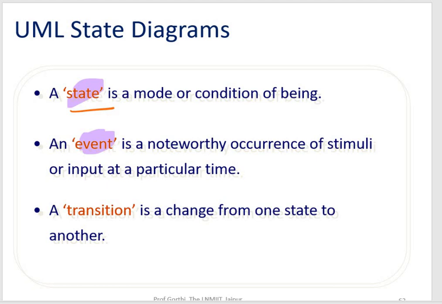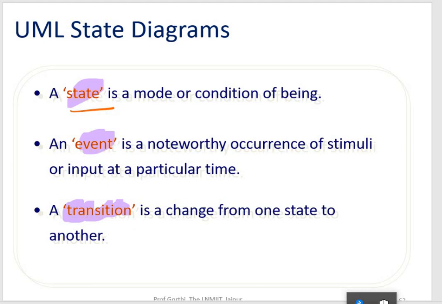So these terms are often used interchangeably. A state diagram is used to model the dynamic behavior of a class in response to time and changing external stimuli. We can say that each and every class has a state, but we don't model every class using state diagrams.